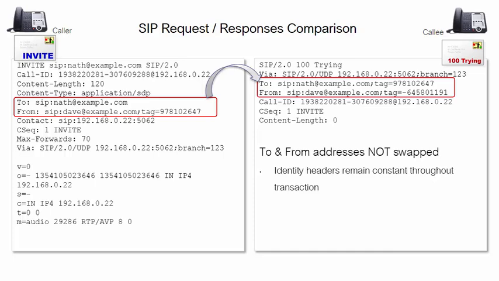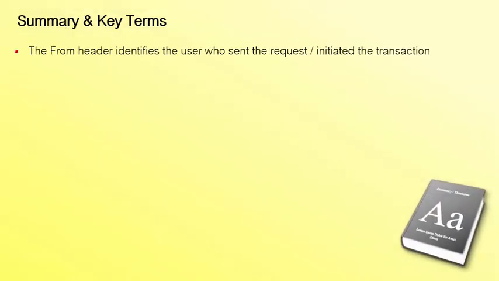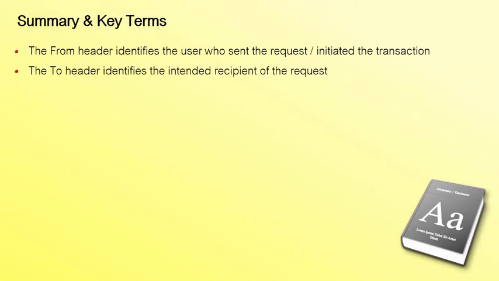When reading responses, I remind myself that it's not a response from Dave, the address in the From header. Instead, it's a response to a request that was made from Dave. Okay, identity headers then. The From header identifies the user who sent the request, initiated the transaction, and the To header identifies the intended recipient of the request.